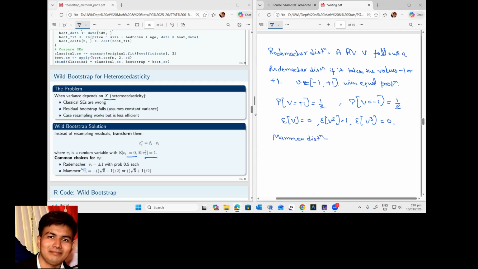It was published in 1993, given by Enno Mammen. This model is known as the golden section bootstrap because of the appearance of the golden ratio in its values. The definition says that a random variable v follows a Mammen distribution.